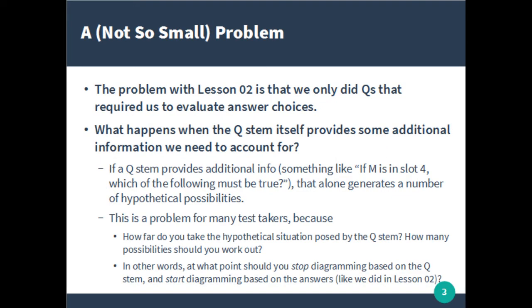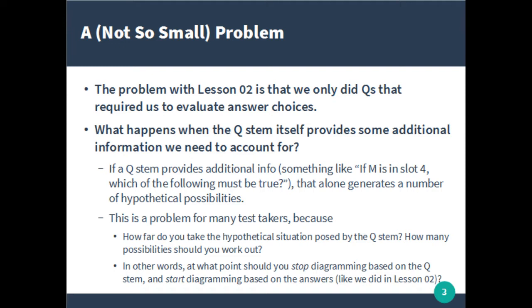Now the problem with Lesson 2 is the thing that I just alluded to on the previous slide. I really only did questions that required us to evaluate answer choices. There's a big gap by that approach, which is the following. What happens when the question stem itself provides some additional information we need to account for? In those situations, it's not enough to do what we did in Lesson 2.